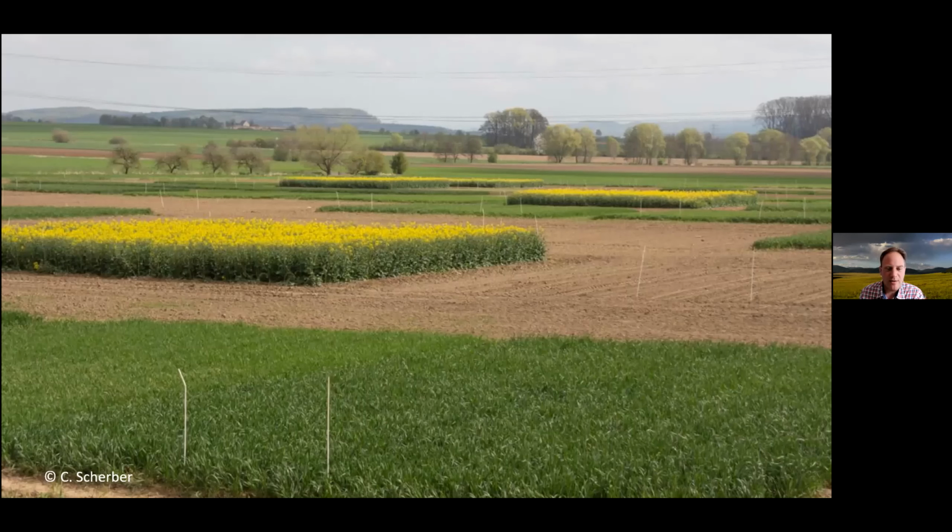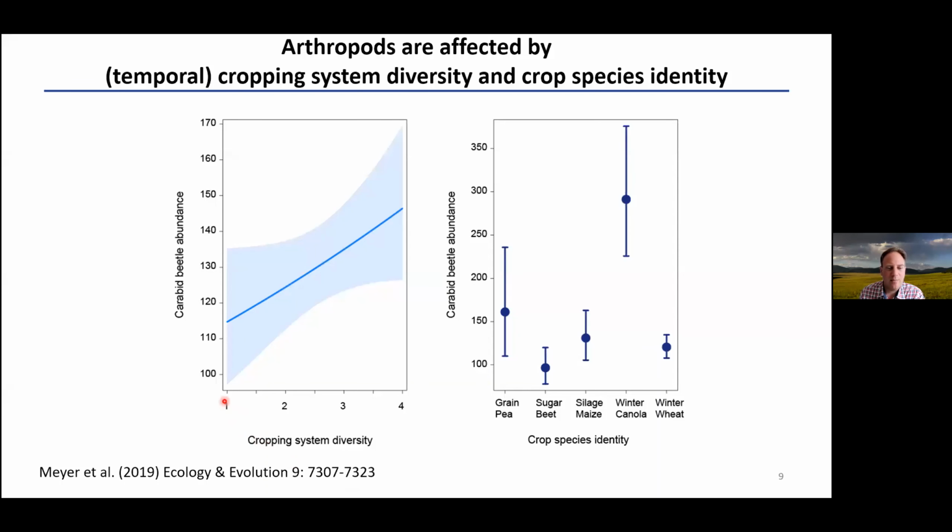The idea is to check whether a diverse crop rotation has positive effects on biodiversity. And you can see, yes, the more different crops you grow over time, the higher your abundance. In this case, it's beetle abundance. But this is a comparatively weak effect.